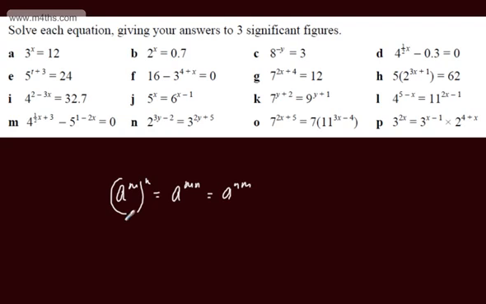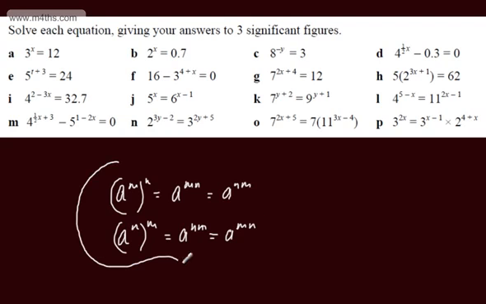So we could write this as a to the power of n raised to the power of m, which is equal to a to the power of nm, which is the same as a to the power of mn. If we look at these two things, we can see that the way this can be written differently gives us exactly the same.